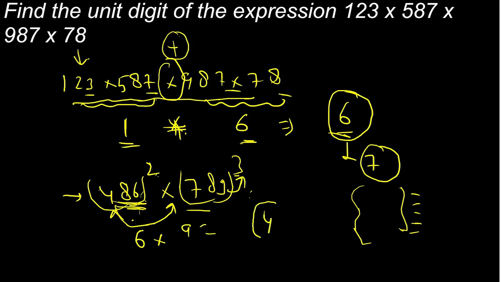So in the question, if there is an option ending on 4, that is going to be your answer. Okay, so this is how you can use maths in the multiplication process, and know what the application is.